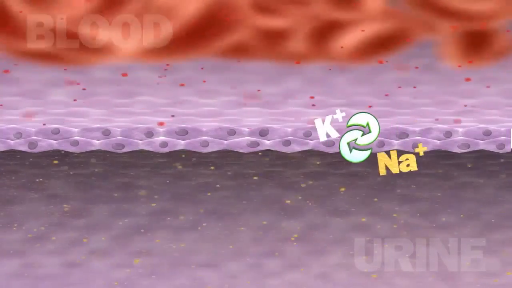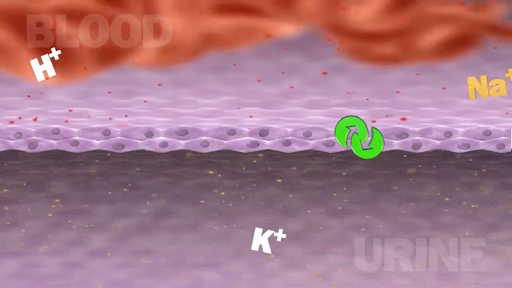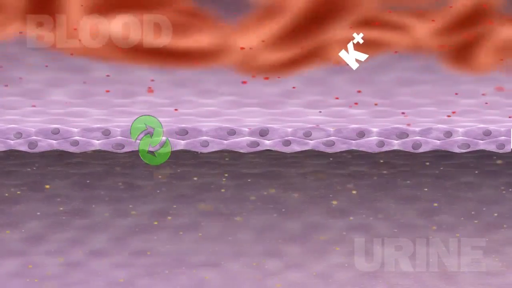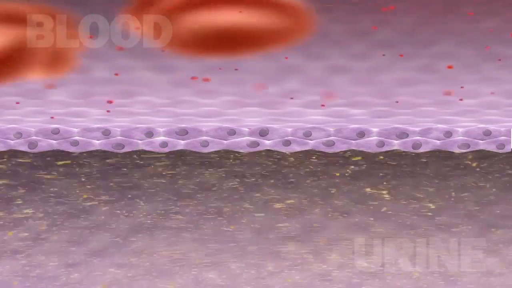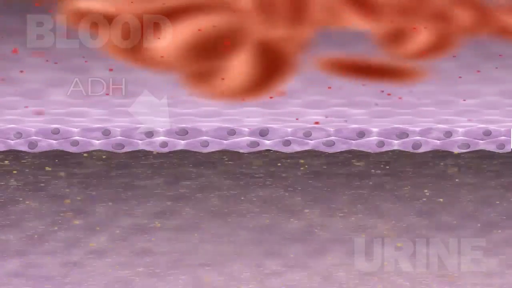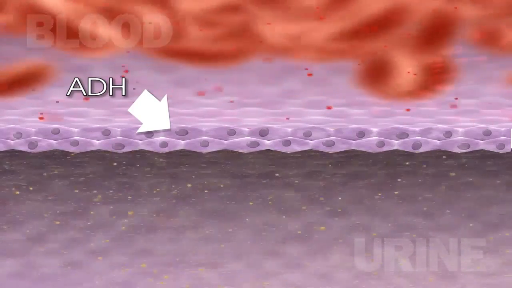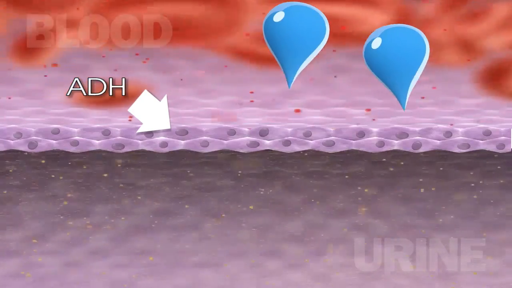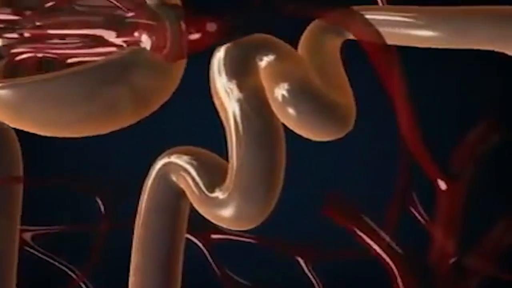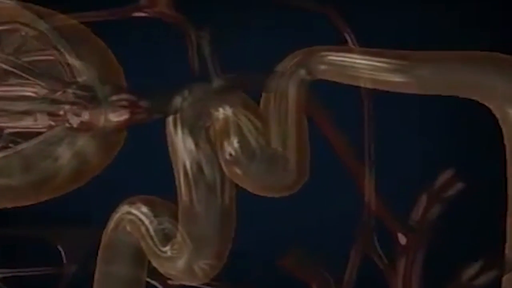By acidifying the urine, the distal convoluted tubule plays an important role in acid-base balance. Normally, it is relatively impermeable to water. However, in the presence of antidiuretic hormone, its permeability to water increases, permitting concentration of the urine. It secretes ammonium ions and some drugs, and also forms part of the juxtaglomerular apparatus.